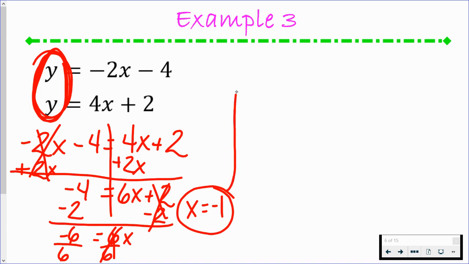Now I'm going to come up here. Again, you could take either equation. I'll just take the top one. Again, it does not matter if you take the top one or the bottom one. Whichever one you choose, you would get the same y value, as long as your math is correct, of course. y equals negative 2x minus 4. x is negative 1.